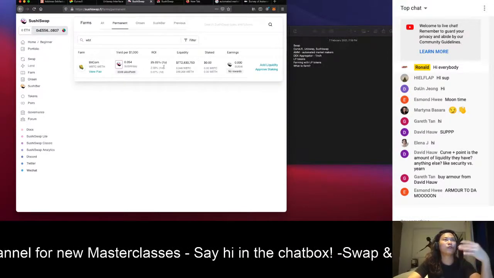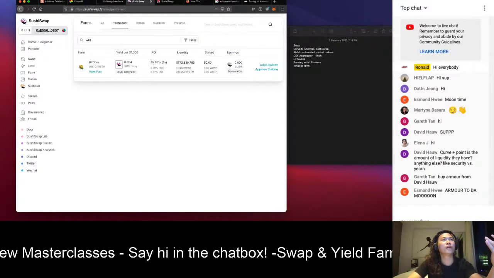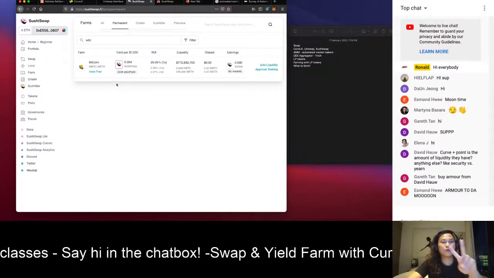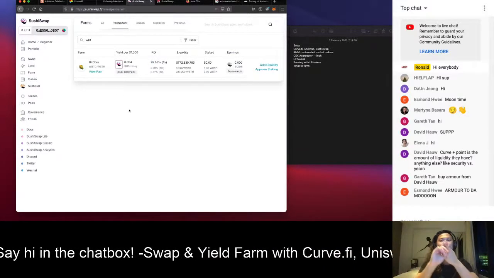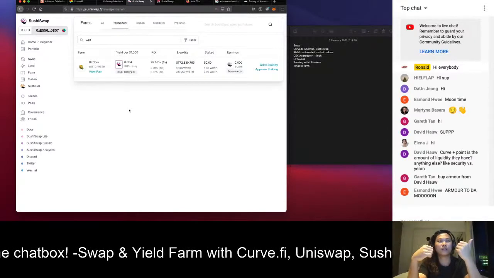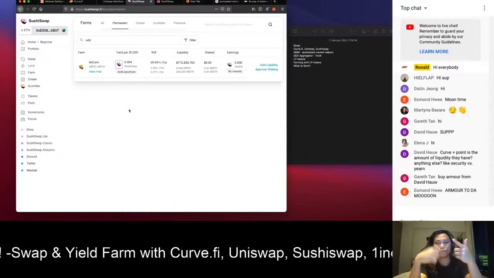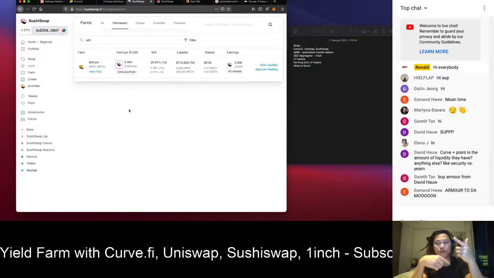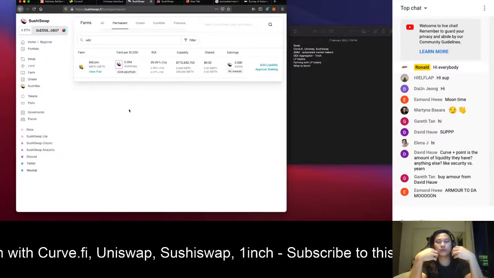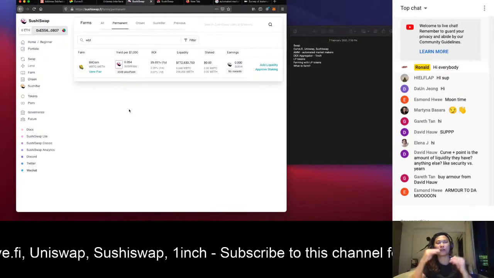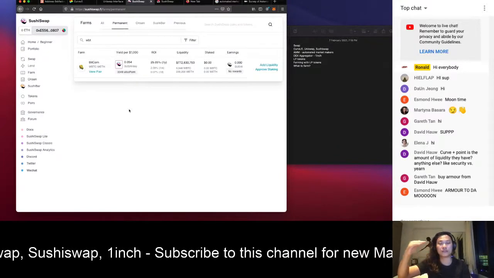done. And then what you would be earning is two components. The first component is the transaction fee between WBTC and Ethereum. As people are trading WBTC and Ethereum on SushiSwap, you as a liquidity provider earn a very small proportion of that every single day. It increases.